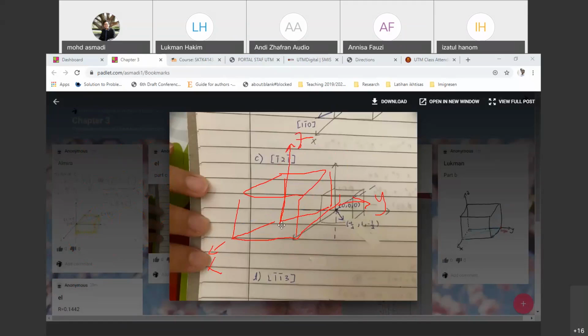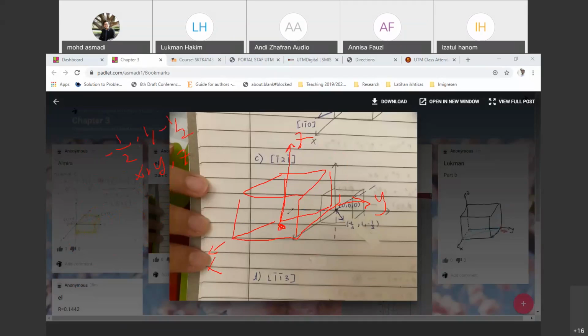Look at here, this is your new origin. Origin is here. So inside is negative half, then 1, negative half, for x, y, as well as z.